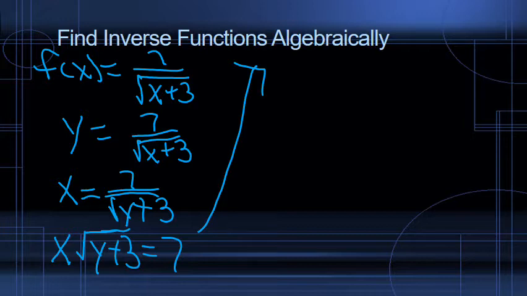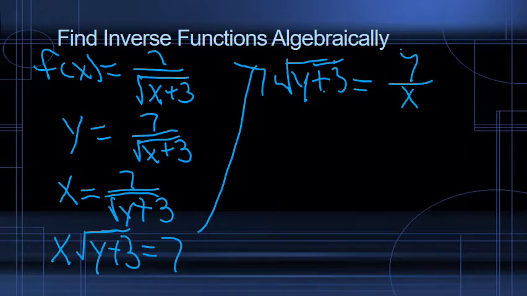Let's move it up here so we can continue to see what we're going to do. All right, so I'm going to now divide. I'm going to get rid of this x from the left-hand side, and I'm going to divide both sides by x. That's going to give me the square root of y plus 3 equals 7 over x. So I got to get rid of this square root. Well, I can square both sides of the equation.